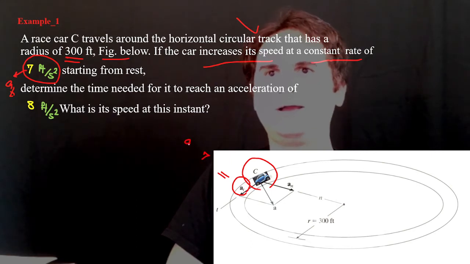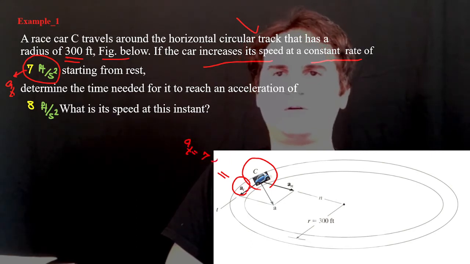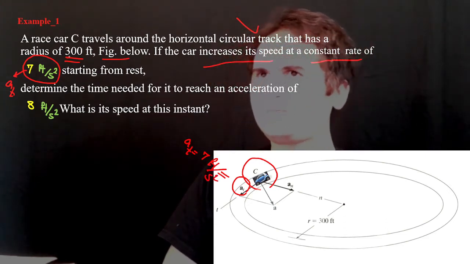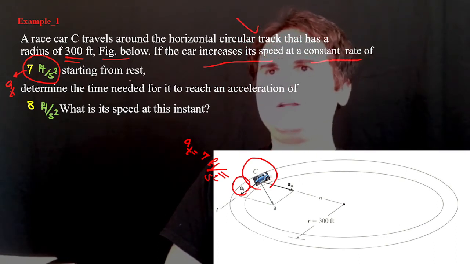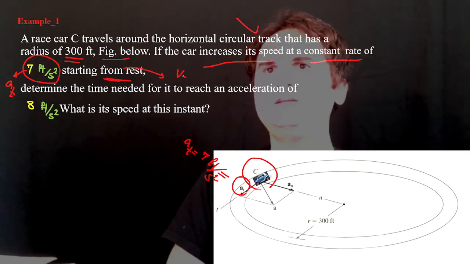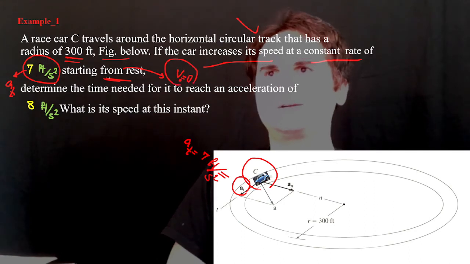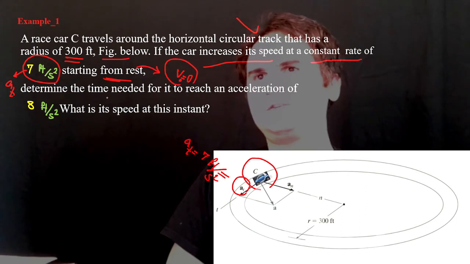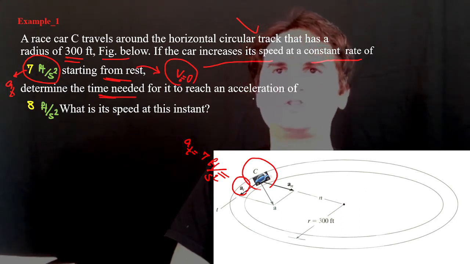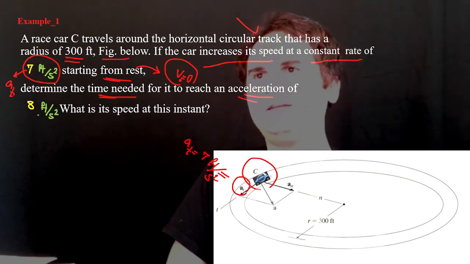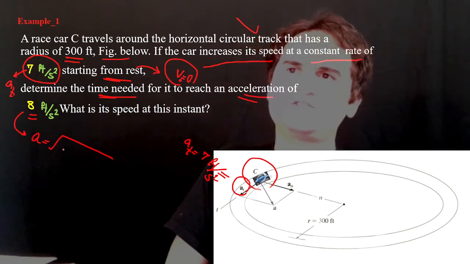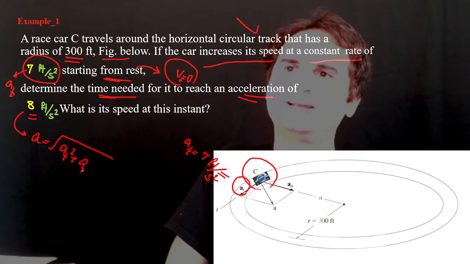So we know the tangential component of our acceleration is 7 feet per second squared. And starting from rest, it just says v naught is equal to 0. Rest means there is no initial velocity. We want to determine the time needed to reach an acceleration of 8, and that's definitely the total acceleration, which is at squared plus an squared.